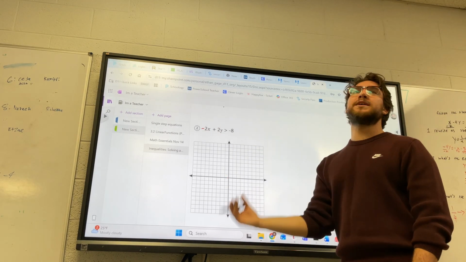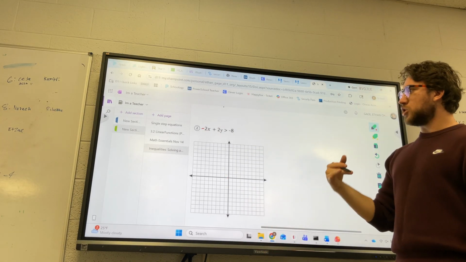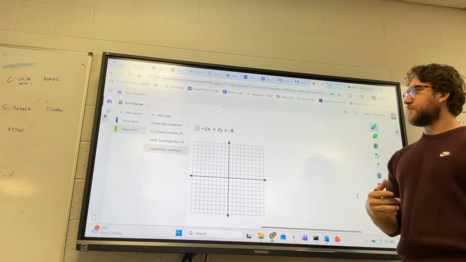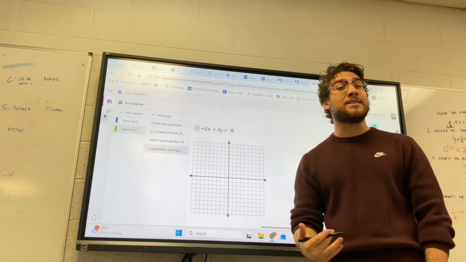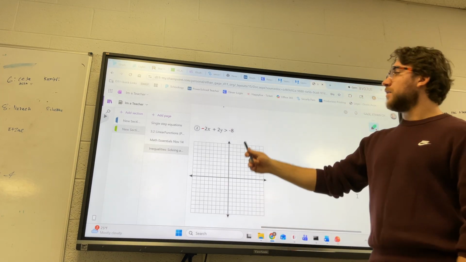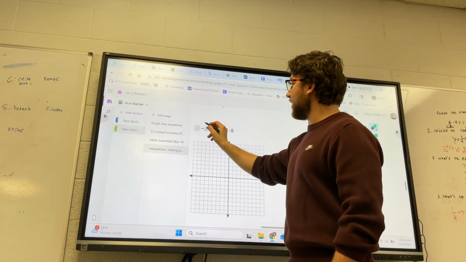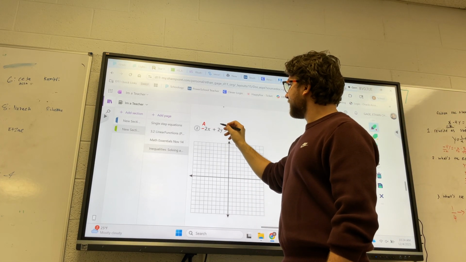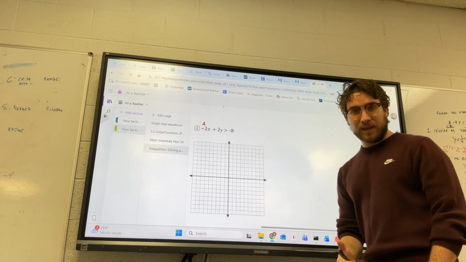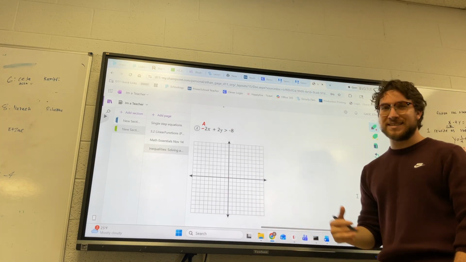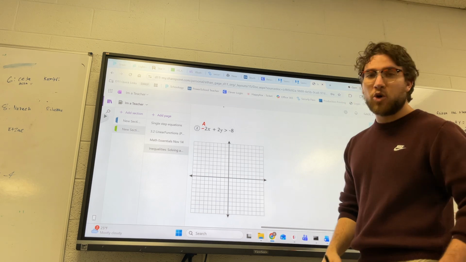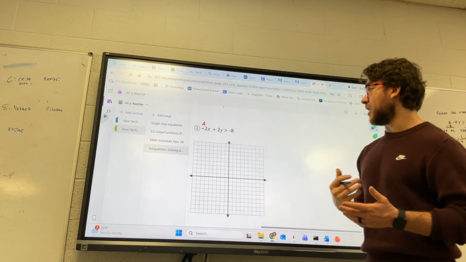The way it was written before, 2x plus 2y is greater than negative 8, is standard form. In standard form, our a has to be positive. Here our a currently is negative 2, which means we have some things that we need to change.